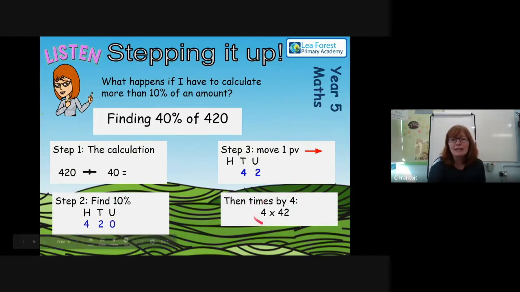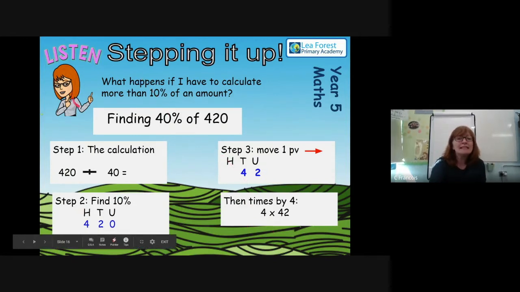So I now need to multiply 42 4 times because it is 40%. If it were 20%, I'd multiply it twice. If it was 70%, I'd multiply it 7 times. If it was 90%, I'd multiply it 9 times.